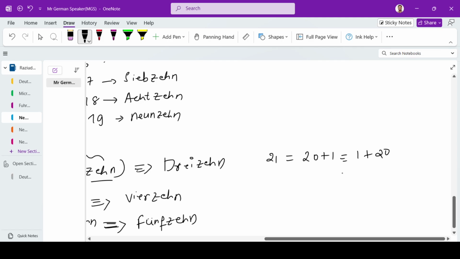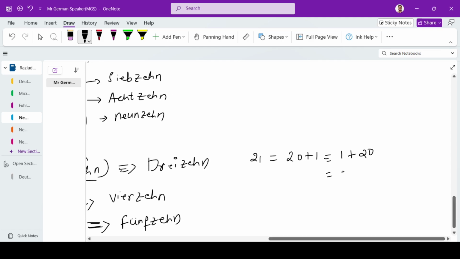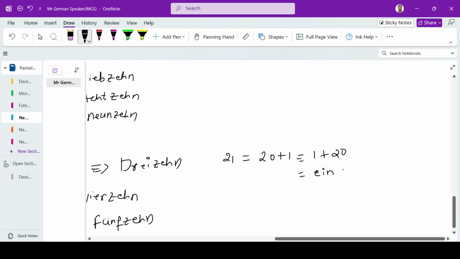So how do we write 1? Ein. Don't write eins. If you write eins, it will be wrong. We need to write it as ein. Okay? Ein. And we write it like 1 and 20. You know? Ein und zwanzig.